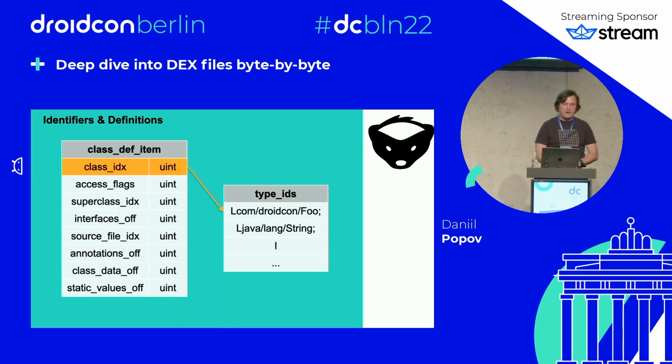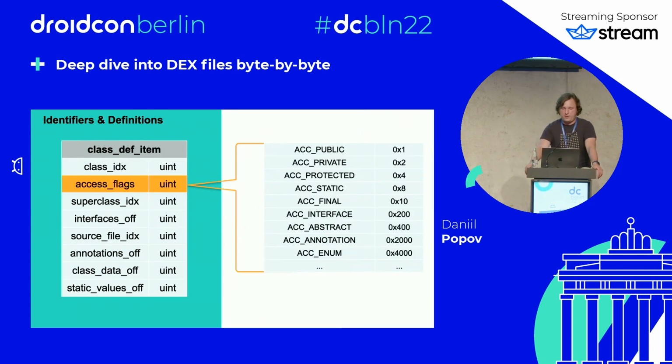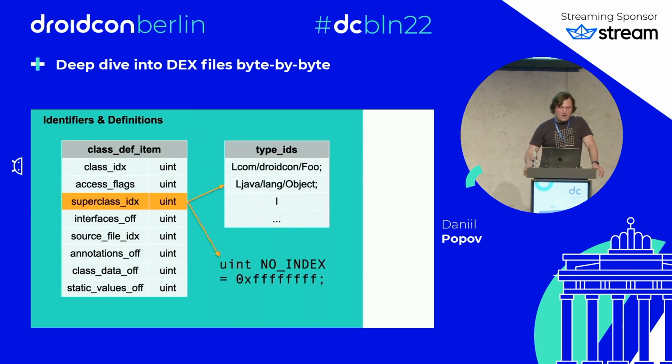First of all, we have the index in the type IDs table, which describes the type of this particular class. Also, we have the access flags here. Some of them are presented in the table: whether the class is public or private, is it an interface or abstract class, is it an enum or annotation class, you got it.